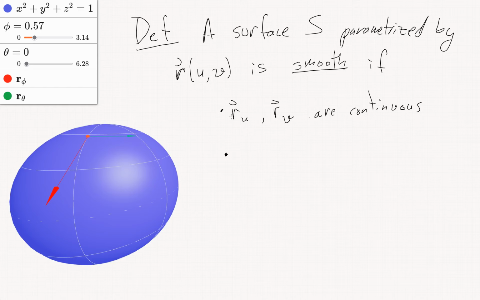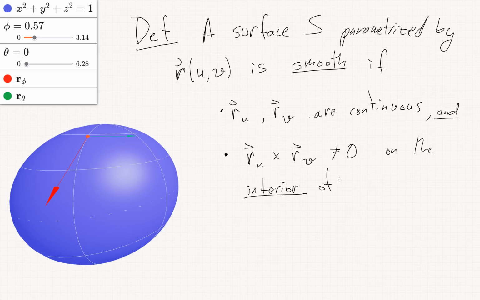And more importantly, R sub u cross R sub v is not equal to 0 on the interior of the parameter domain.